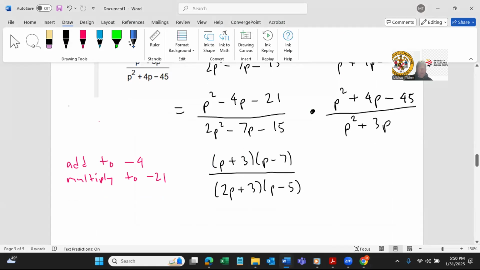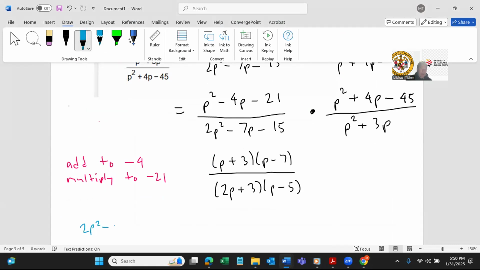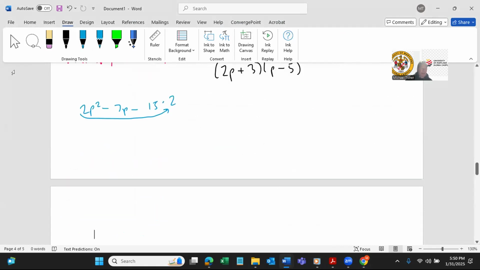Okay. Now there is a long way to get this, and I'll go through the long way at this time. So we take the 2p squared. We'll move the 2 to the negative 15 and multiply them together. And that's going to be p squared minus 7p minus 30.